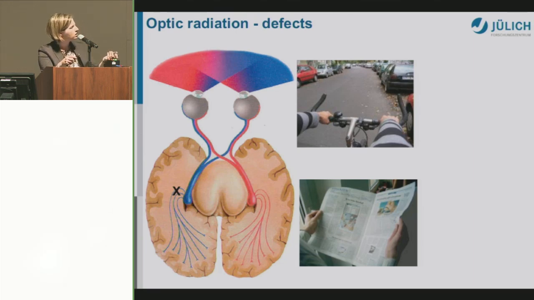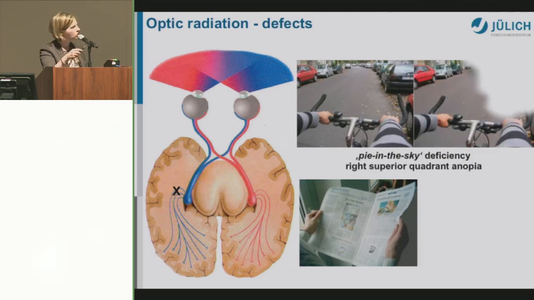So what will happen is something like this. You will see only the remaining parts, and you will miss what is going on in the right upper visual field, and it's called something like superior quadrant anopia, or in a more common framing, pie in the sky deficiency, because it looks like a pie which has been cut out of your visual field.